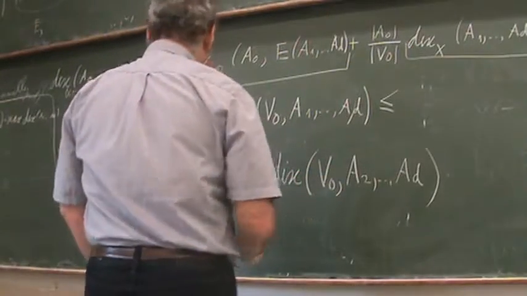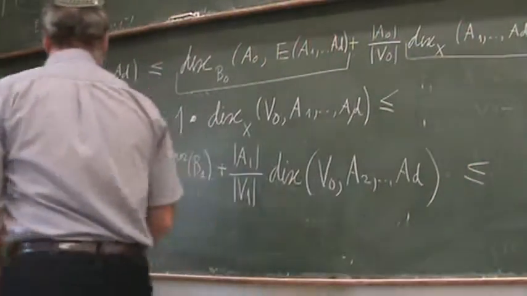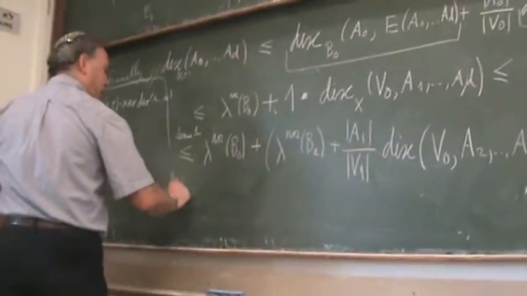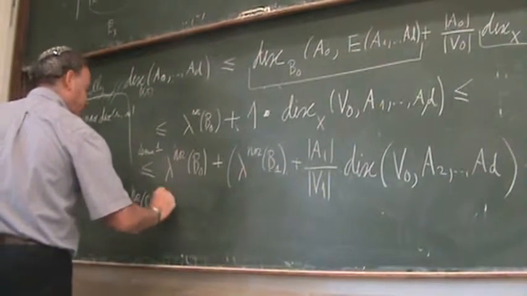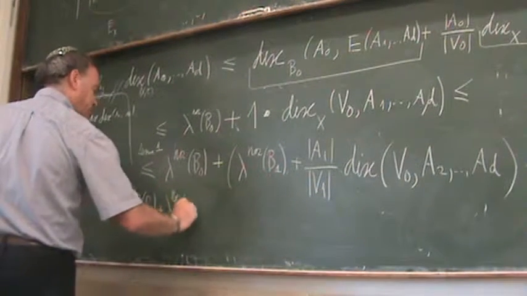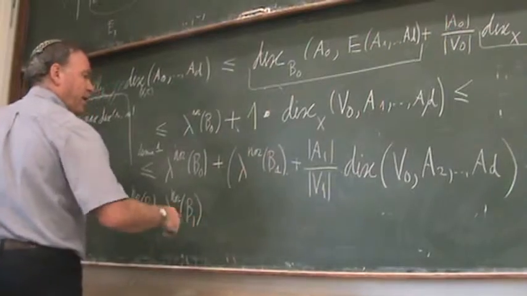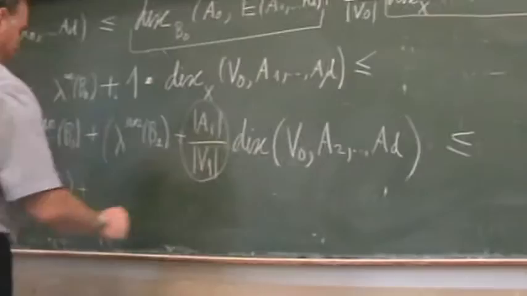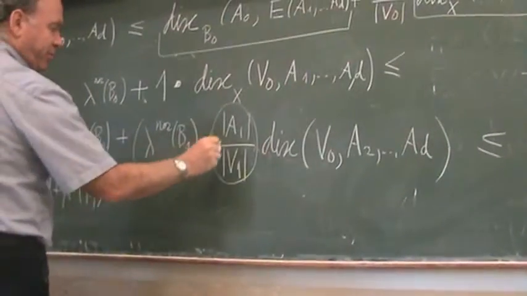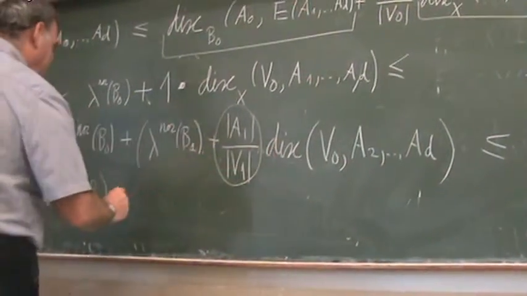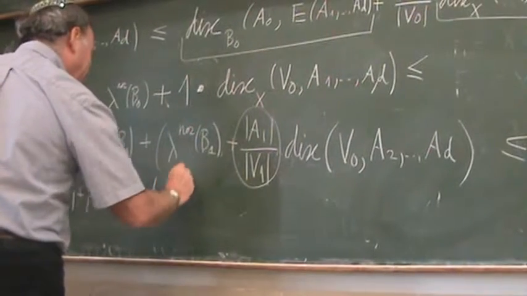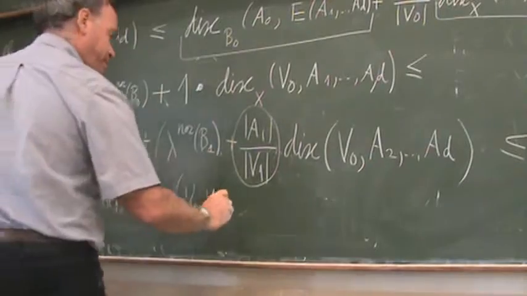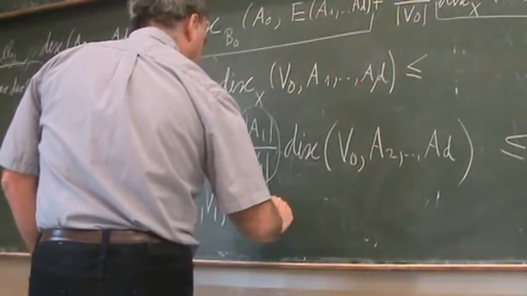So, okay, and this is at most lambda normalized B0 plus lambda normalized B1 plus, now this I can replace by 1, this is at most 1, and this discrepancy I can do by the same argument. It's the discrepancy of V0, V1, A2 up to AD.